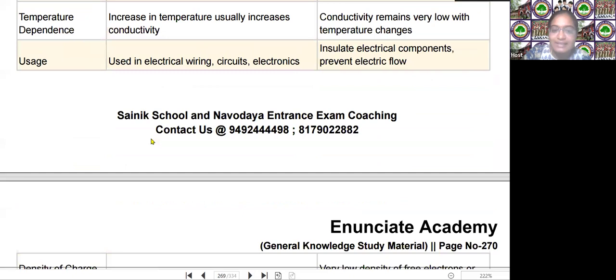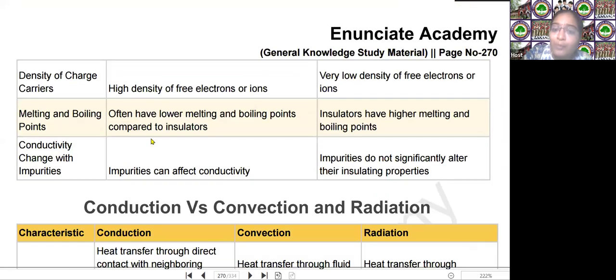These conductors have a low melting point and low boiling point, melting or boiling at a low temperature compared to the insulators.